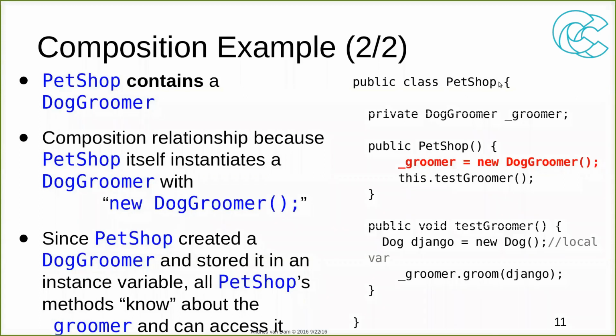So if there's a P1 and then there's a G1 groomer, which is the instance of dog groomer, and you end the life of P1, then automatically the groomer's life would also end, if there are no other references to the same memory location. Yeah, you're right. In that sense, that's a corner case. Okay, so shall I move on?